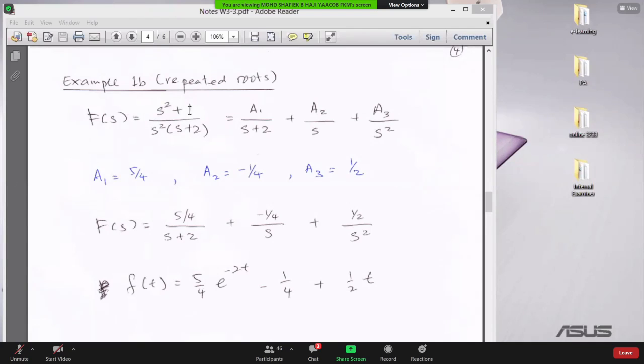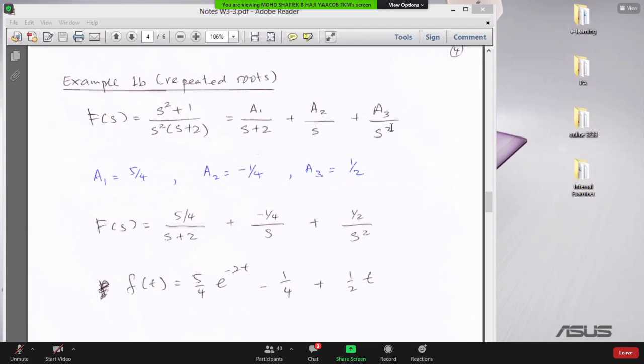a transfer function with a repeated root, where you have a double root, for example, s squared instead of just s, and for example, s plus 2, the whole thing squared. Then you're going to have a repeated root. So in that case, in the decomposition of partial fraction, you have to take care of both roots. You cannot decompose here a1 divided by s plus 2, a2 divided by s, and then a3 divided by another s.